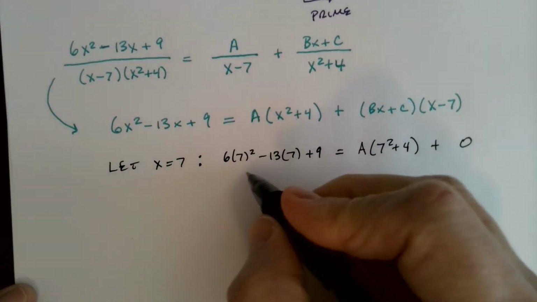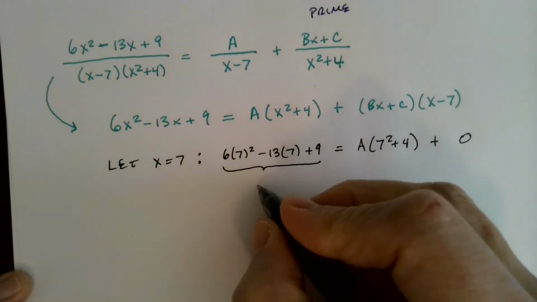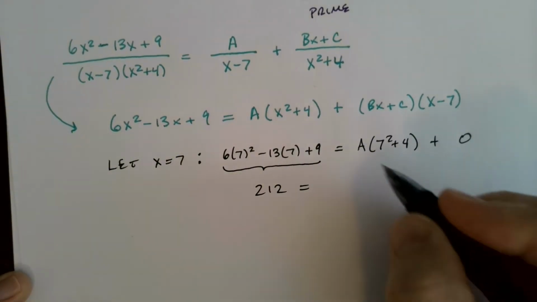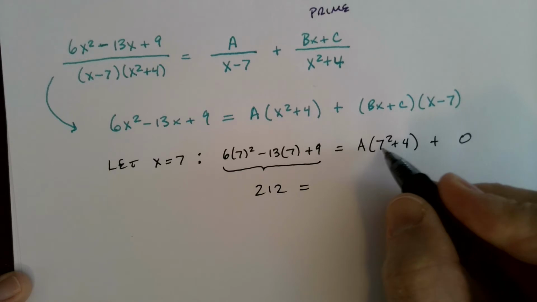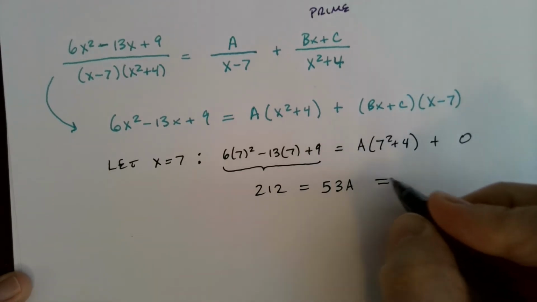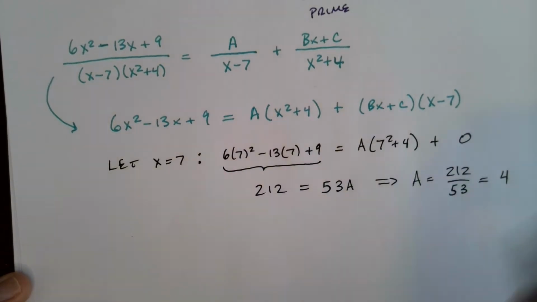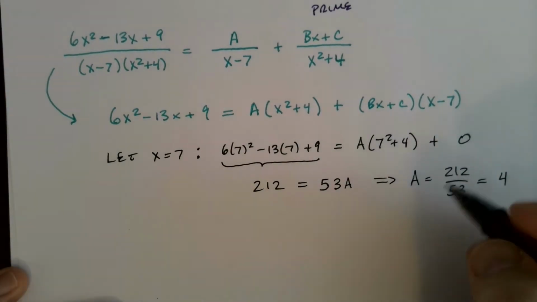What do we get here? If I do this arithmetic, I'll have you check and see that you get 212. 7 squared is 49 plus 4 is 53a. And if I solve for a, 212 divided by 53 is 4. So the value of a is 4.